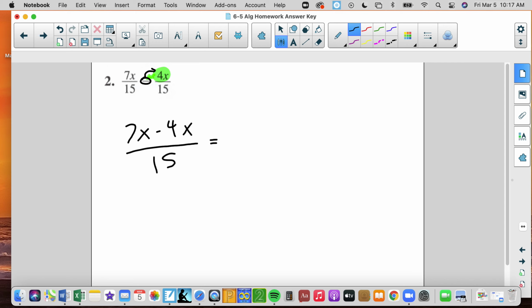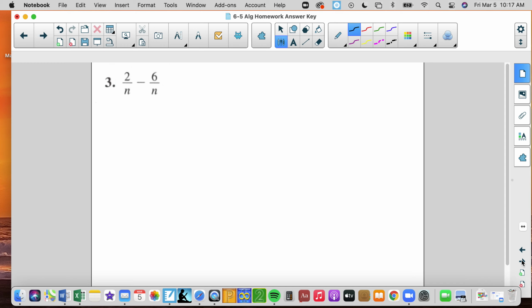So we have like terms in the numerator. 7x minus 4x gives me 3x over 15. We can reduce both of those. They have a common factor of 3. 3 goes into 3 once, 3 goes into 15 5 times, and that leaves me with x over 5.